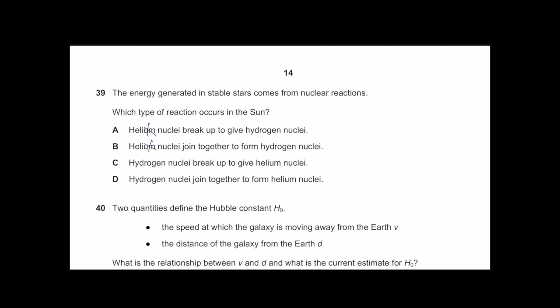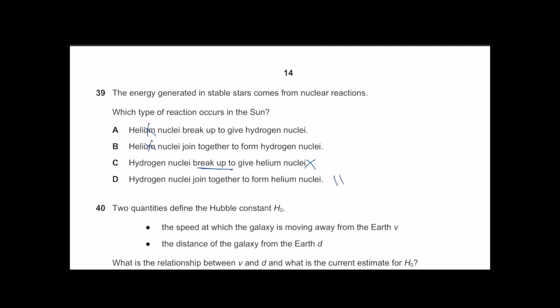Hydrogen nuclei break up to give helium nucleus: no, this is wrong. Break up here is not correct. Helium cannot break up to give you helium. It cannot be accepted. But hydrogen nuclei join together to form helium.